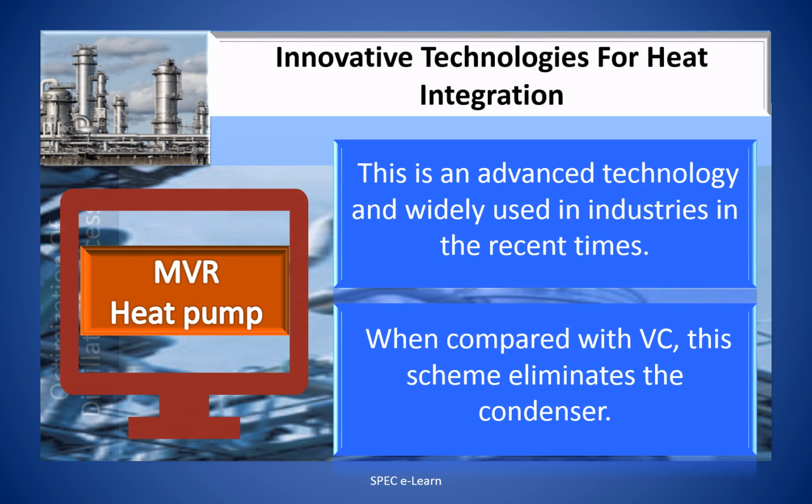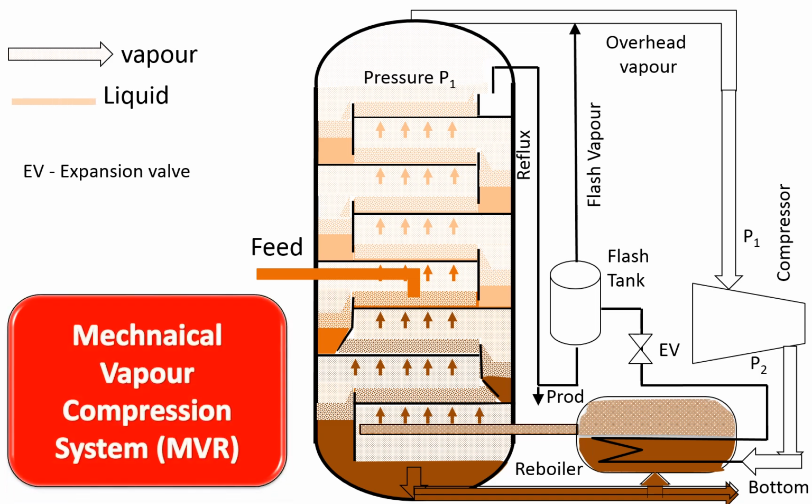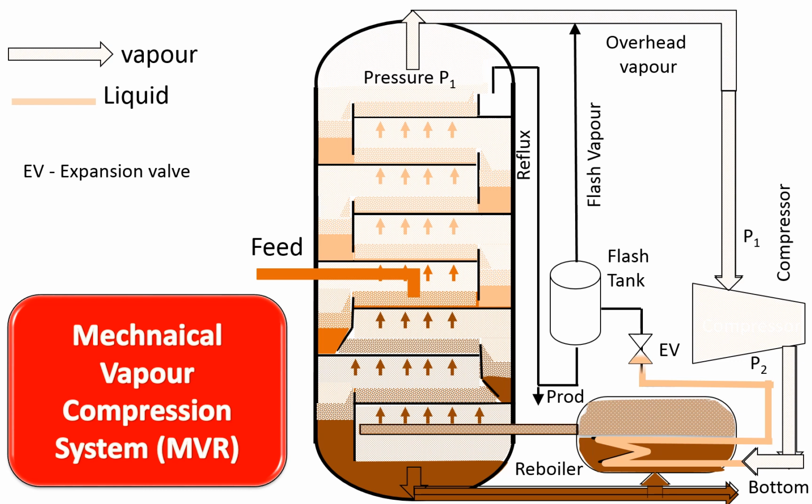When combined with the vapor compression heat pump, this scheme eliminates the condenser. The MVR technology is illustrated in this figure. Block arrows with brown dots represent the vapor line. Solid, light brown thick lines represent the liquid line.